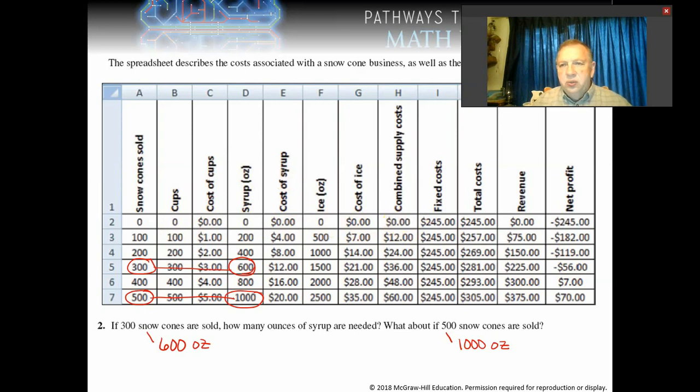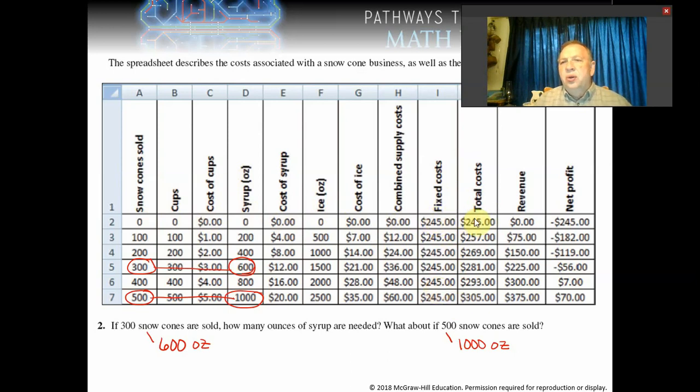For each one I have costs associated, or per unit cost. So it always deals with just the product that I'm building. I also have fixed cost. My fixed cost is that I've got to pay the truck no matter whether I sell one or not. So those are my fixed costs. The total cost in this spreadsheet is the sum of my unit costs, all the things I need to build a snow cone, plus the fixed cost, which is always going to be there whether I sell them or not.